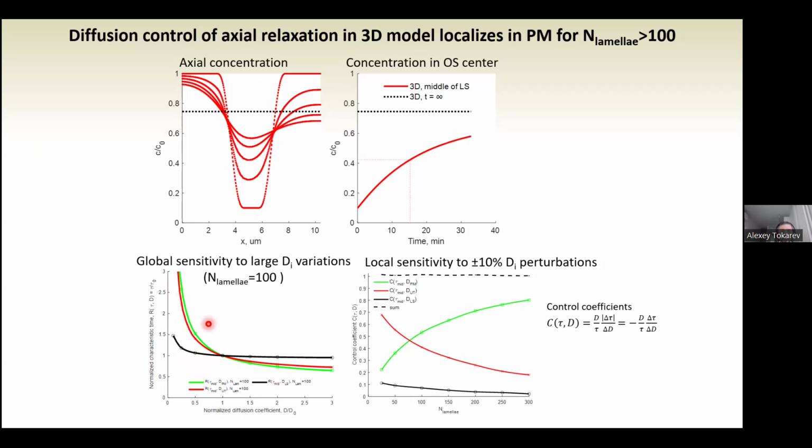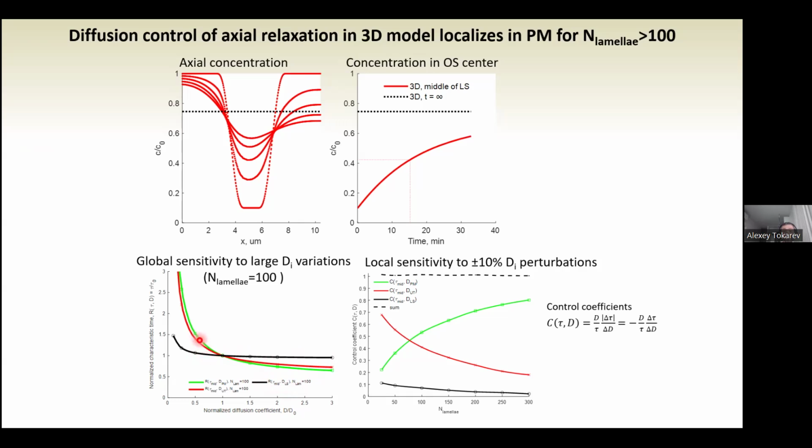So, for example, here we see that changing the diffusion in lamellae, the black line, changes the time of equilibration very little. So diffusion in lamellae does not limit the equilibration.